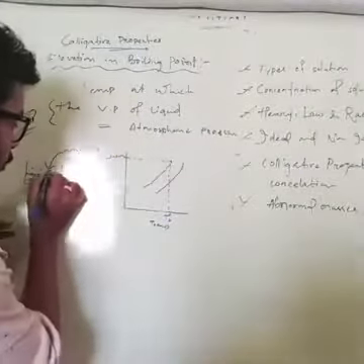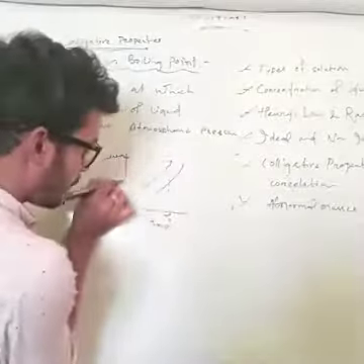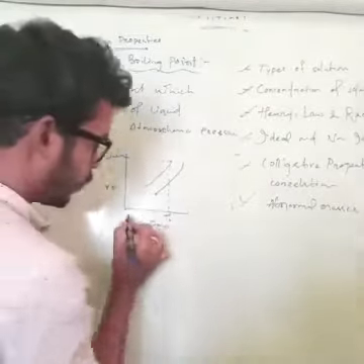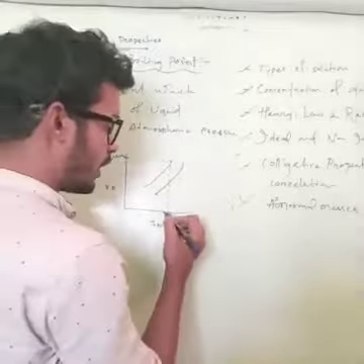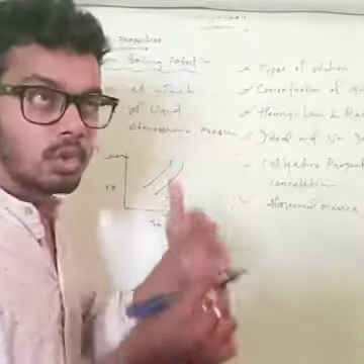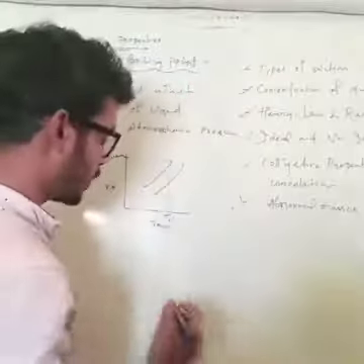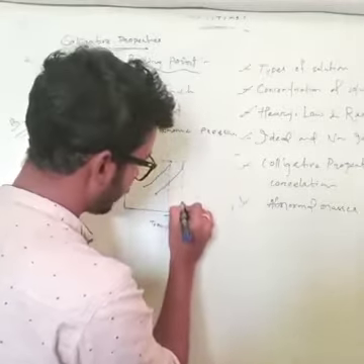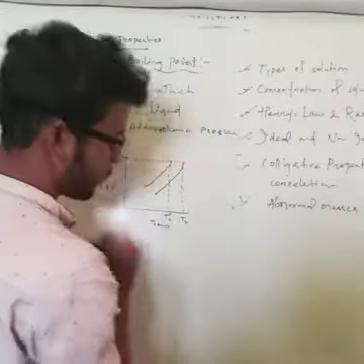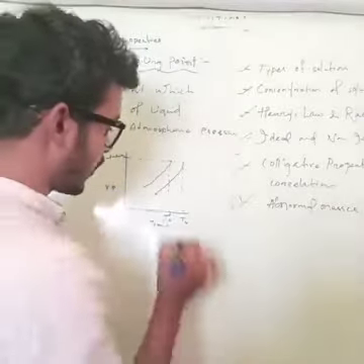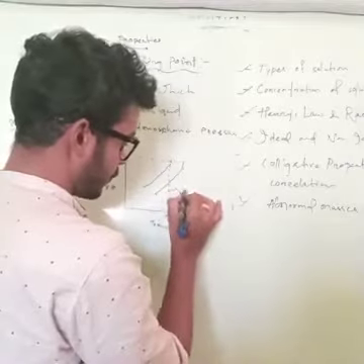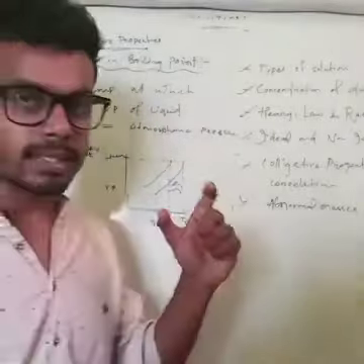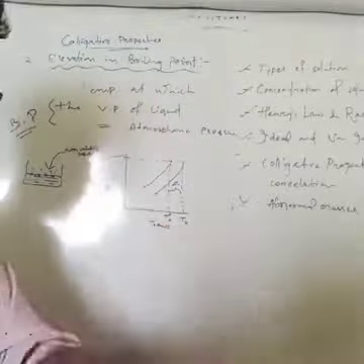Because of the presence of non-volatile solute, the vapor pressure is lower, and when you increase the temperature, it requires more temperature to achieve that boiling point. So this difference is known as delta TB, the change in temperature. Del signifies the change in temperature.